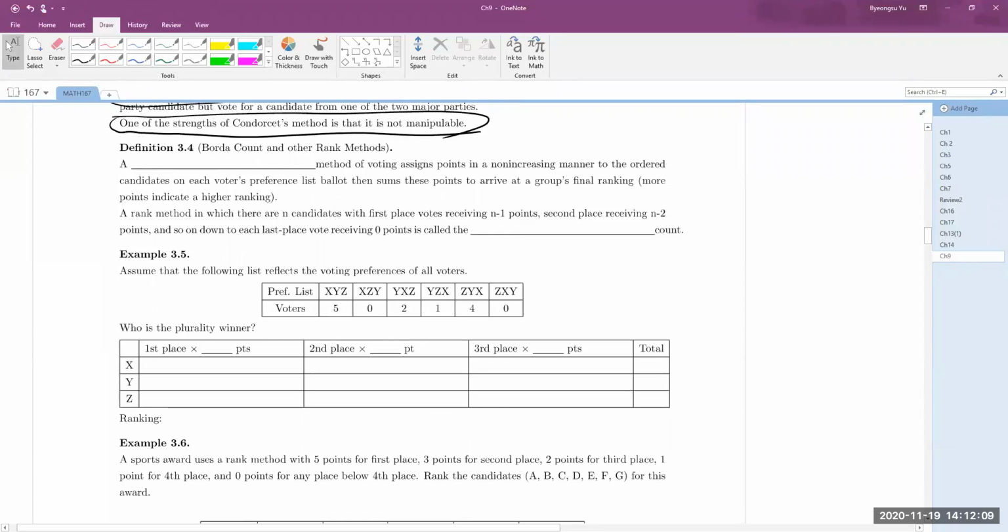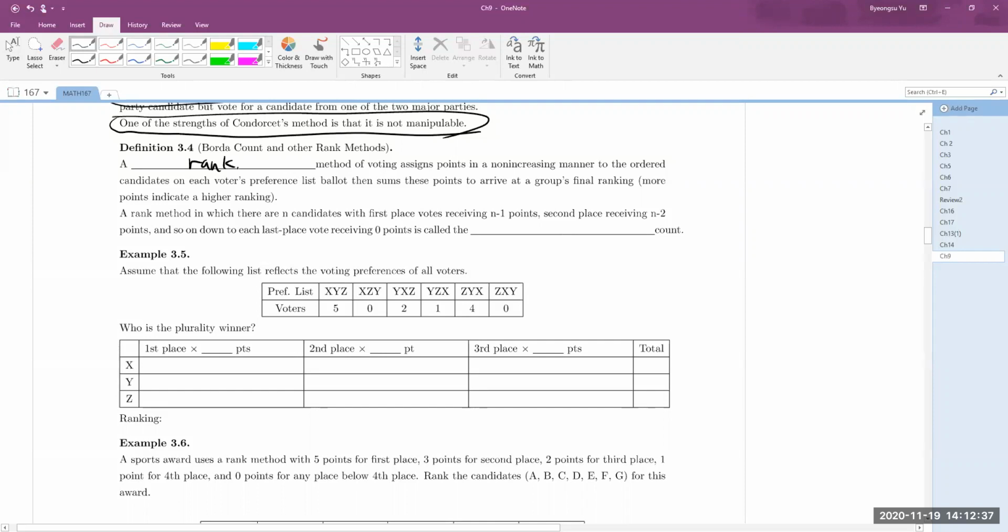Another method, which is also kind of a complement of the Condorcet method, is called the Borda count, a rank method. A rank method for voting means that you don't just give each voter 1 point, but allow them to give 2 points to some candidates and 0 points to others.